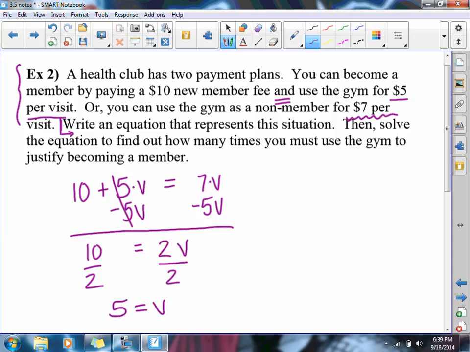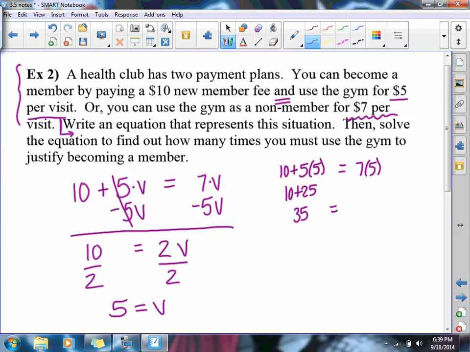Okay, so now we have to take a moment and we have to interpret what that means. Okay, that means at 5 visits, Plan A and Plan B would actually be the same amount. Okay, if I substituted the 5 back in, 5 times 5 would get me 25, and 10 plus 25 is 35. On the other side of the equation, I have 7 times 5.